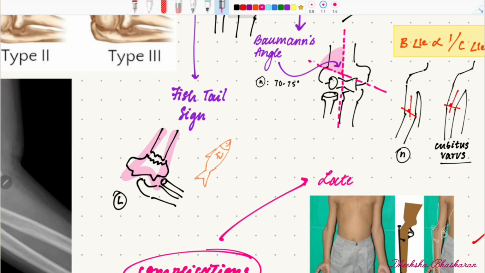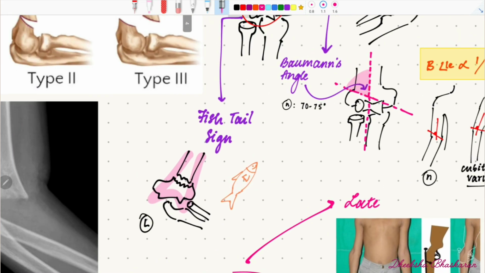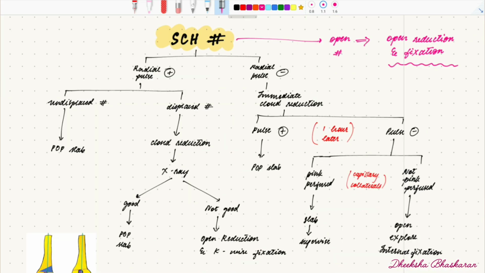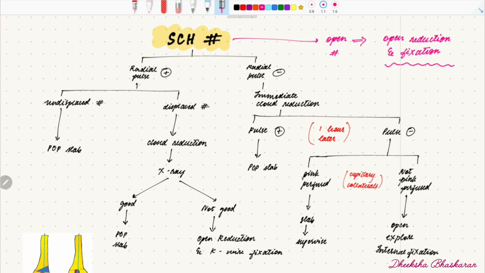You can imagine it, and on an X-ray we can identify it as the end of a fishtail, so that's called the fishtail sign. Now, if you identify it as a supracondylar humerus fracture, you see if the radial pulse is present or absent. If the radial pulse is present and the fracture is undisplaced, meaning the segments have not moved with respect to each other, there is no tilt, nothing is there.